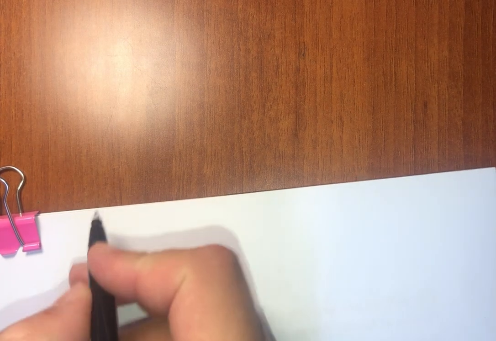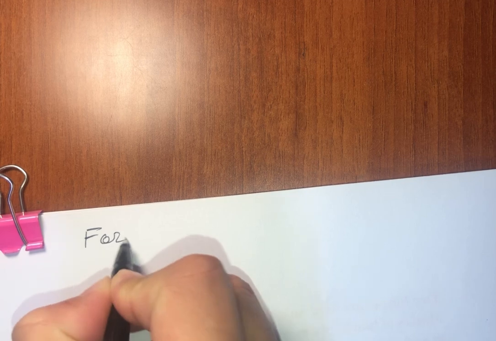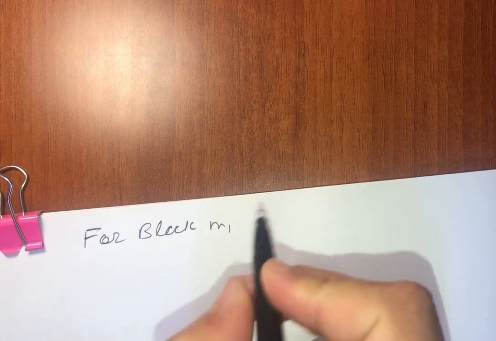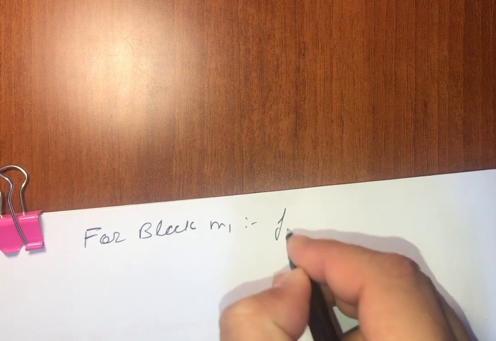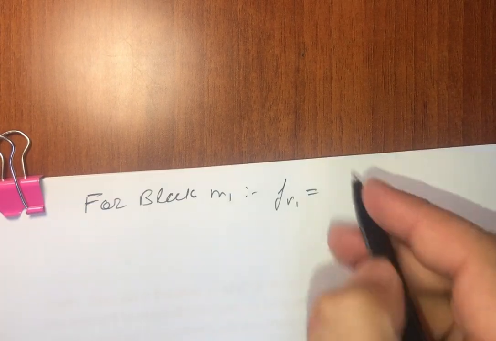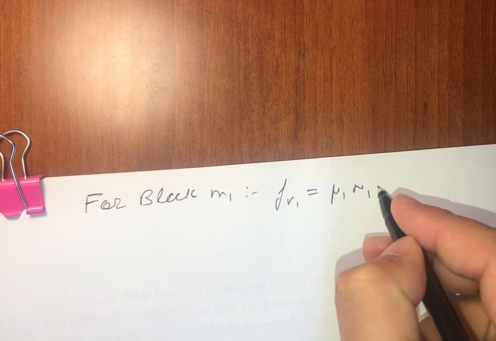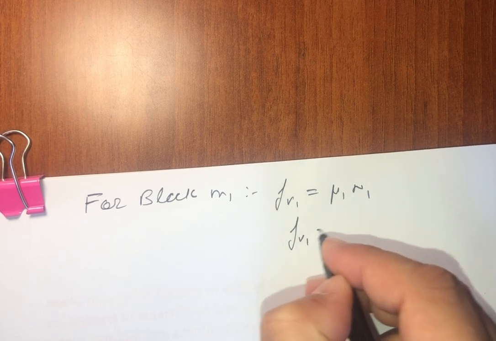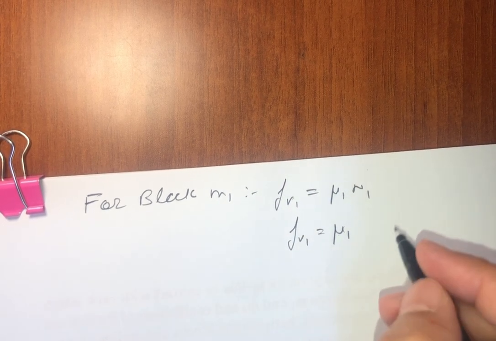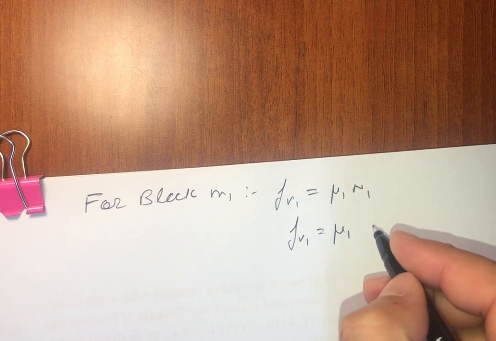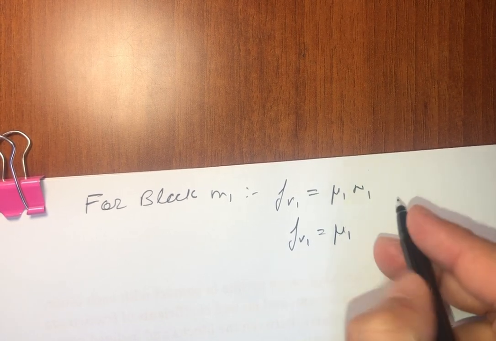For block m1 we have fr1, which will be equal to mu1 into n1, and n1 is the vertical component, the cos component rather.